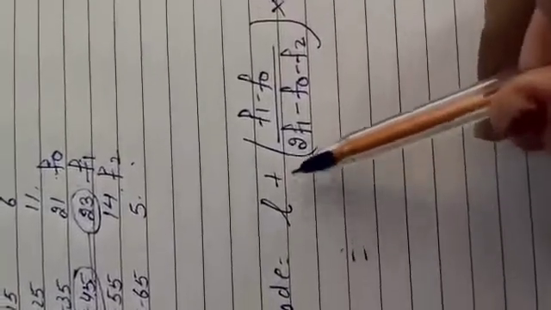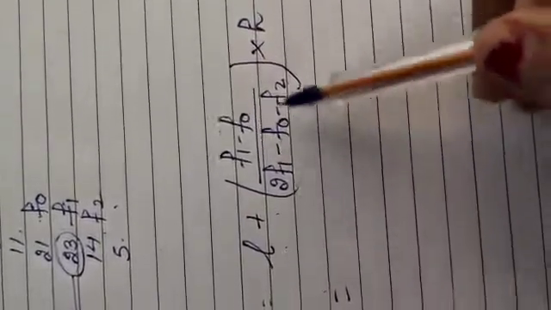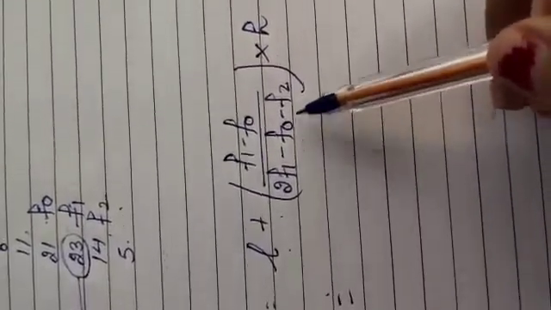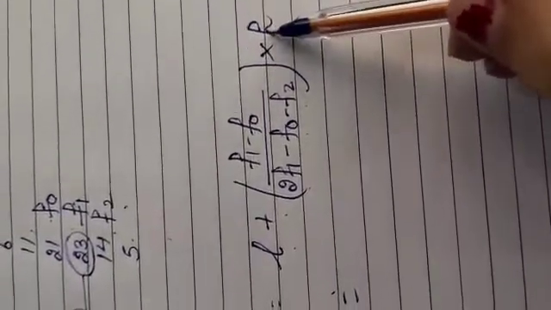Mode is equal to L plus (f1 minus f0) divided by (2f1 minus f0 minus f2), multiplied by h.